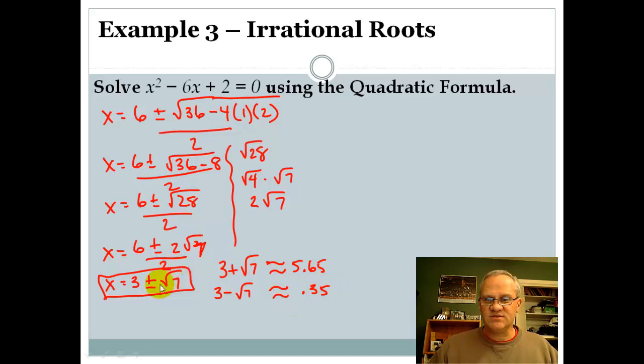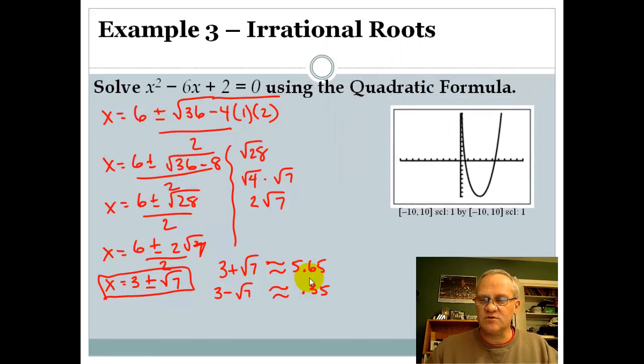So this is the exact number here, the exact roots, 3 plus the square root of 7 and 3 minus. But if you were going to go graph this, and then of course what I've got here is a graph. That's what the graph would look like, and if you notice right here, that's going to be your 0.35, and the 5.65 is going to be this part out here. So remember before when we did this and we didn't have perfect roots, we'd say, oh, it's between 0 and 1, or it's between 5 and 6. Well, now we've got a way to find these more exactly. Okay?